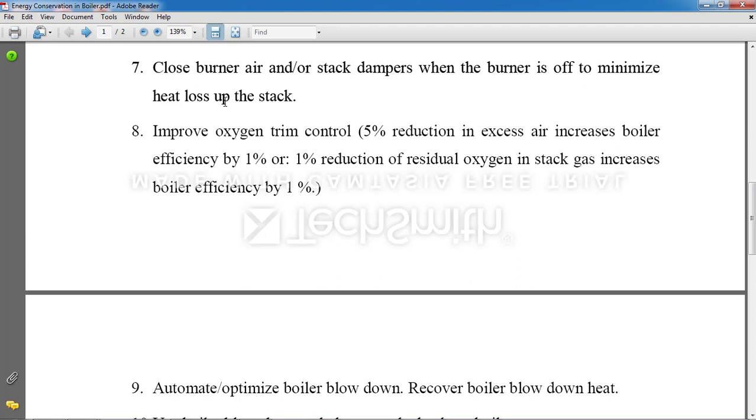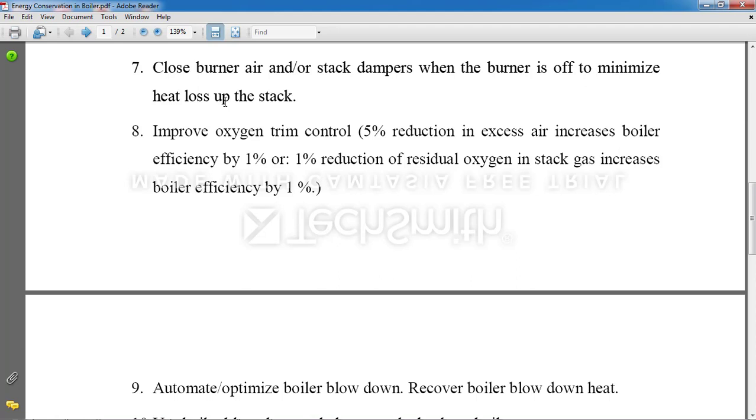Hence if we have a power plant in Parari, there may be three segments of the power plant, and right now only one is working, so the second boiler is of no use right now. We can close it down and save the energy.